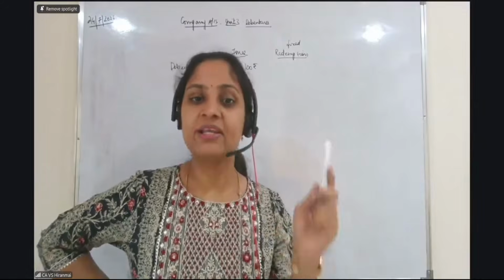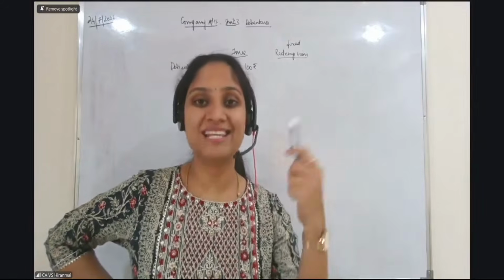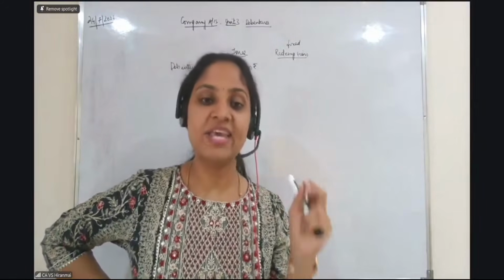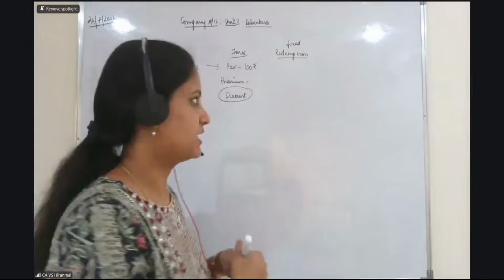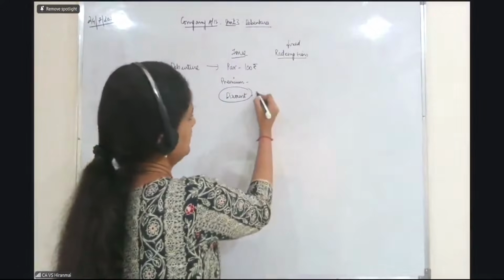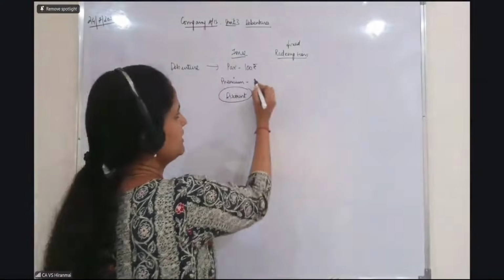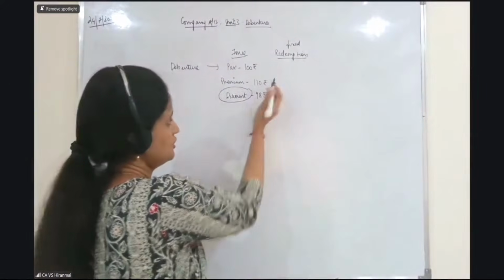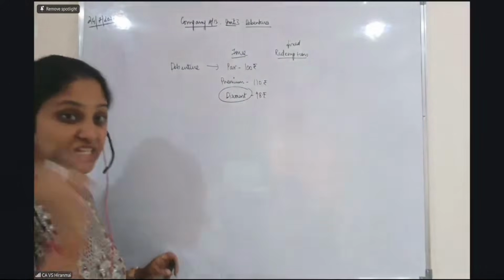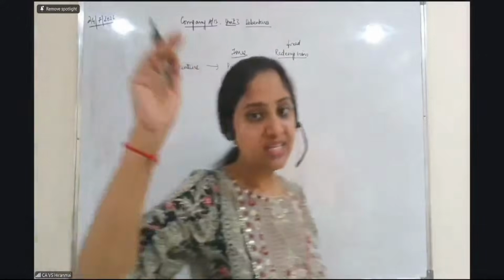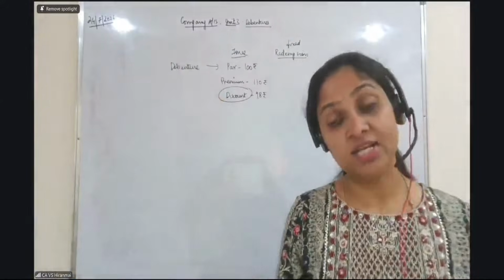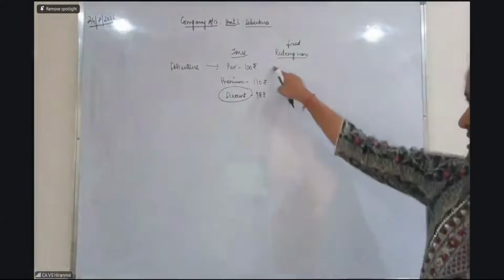So these people, if the company is new, in order to raise the funds through debentures, they will issue at a lesser face value. For example, let us say 98 rupees they can issue. Premium, they have a very good name, so 110 rupees they are issuing. So the issue can happen in these three cases.